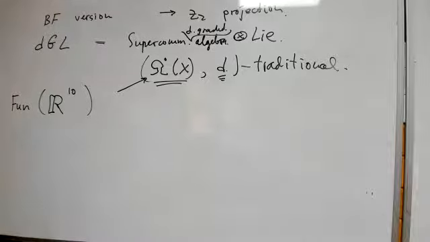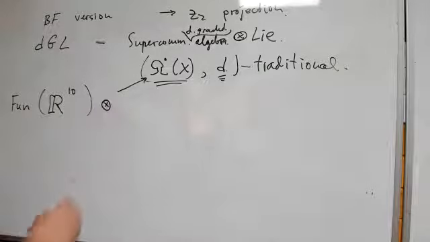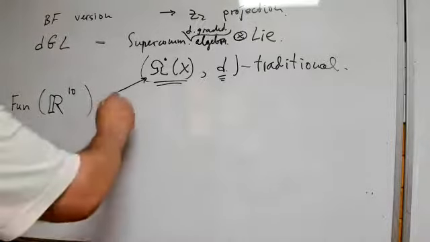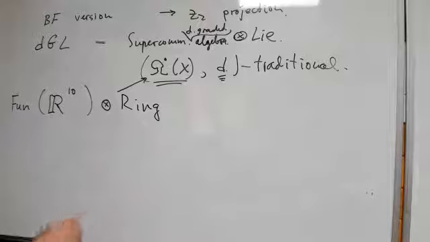They form a commutative algebra. And then I will multiply them by a commutative ring. Let me explain what this ring would be.